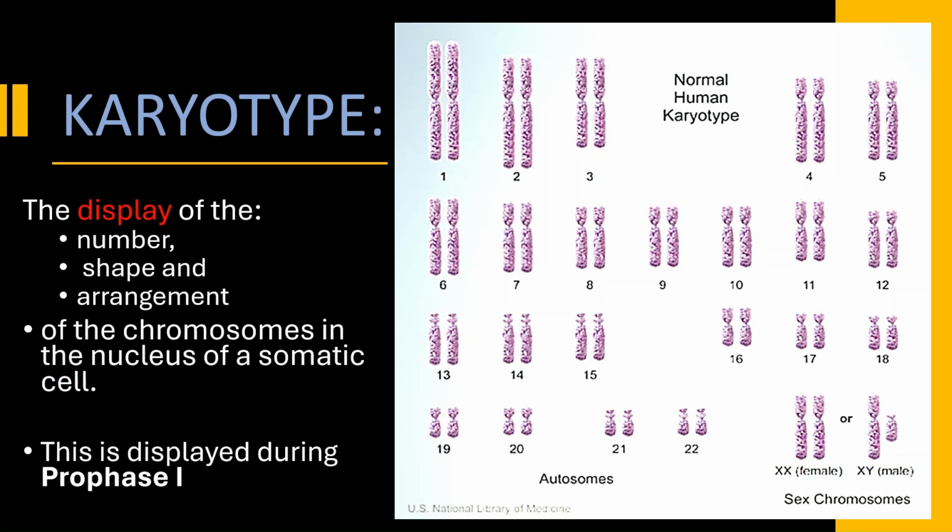Well, we are still on karyotype. It is a display of the number, shape, and arrangement of the chromosomes in the nucleus of a somatic cell. These karyotypes that you are seeing here are usually displayed during prophase I, when homologous chromosomes pair up.